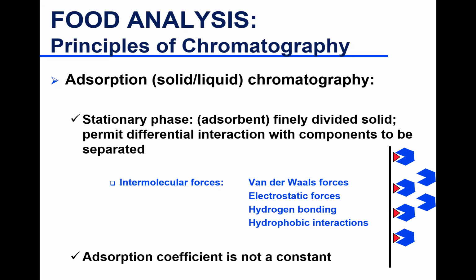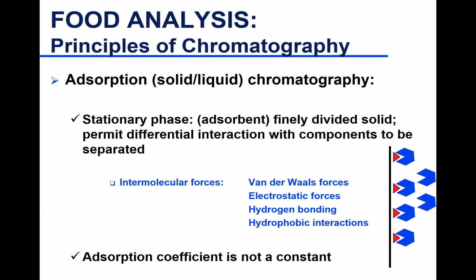So your stationary phase, or we call it the adsorbent, where your components are going to adsorb, is usually finely divided solids. So there are fine particulates of very uniform size.